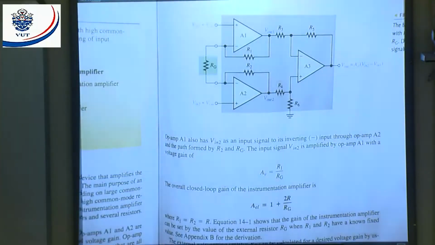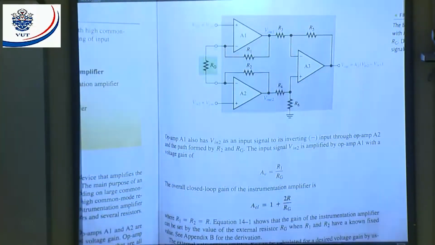They say op-amp A1 also has V in 2 as an input signal to its inverting input through op-amp A2 and the network formed by R2 and RG. The input signal V in 2 is amplified with a voltage gain of AV equals R1 divided by RG.